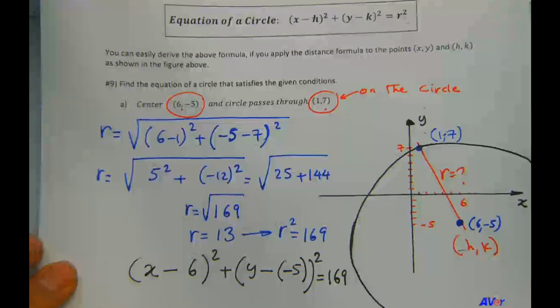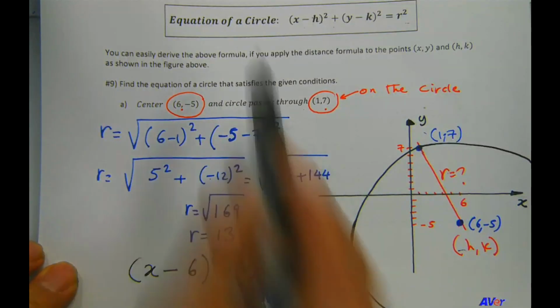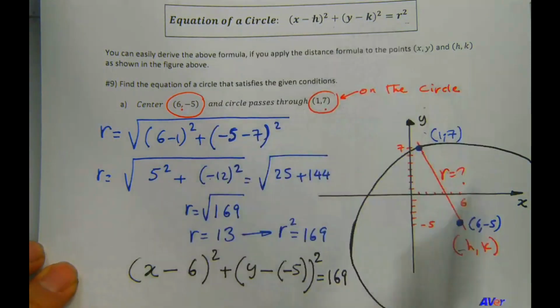So did you follow what happened? If not, please pause the video, rewind a minute, and make sure that you follow what's going on. We have the general equation of a circle here, and I'm plugging into it the information we have. So we should simplify this.